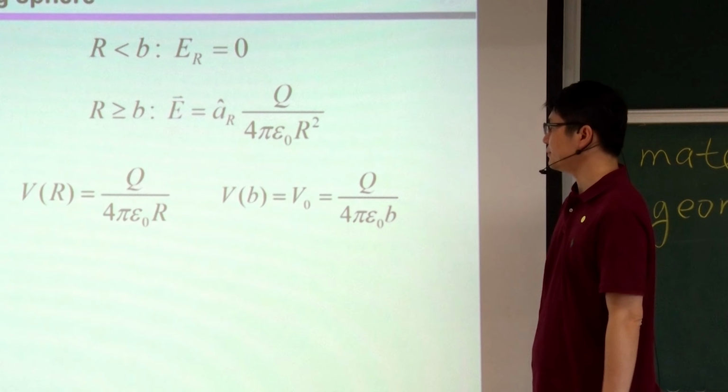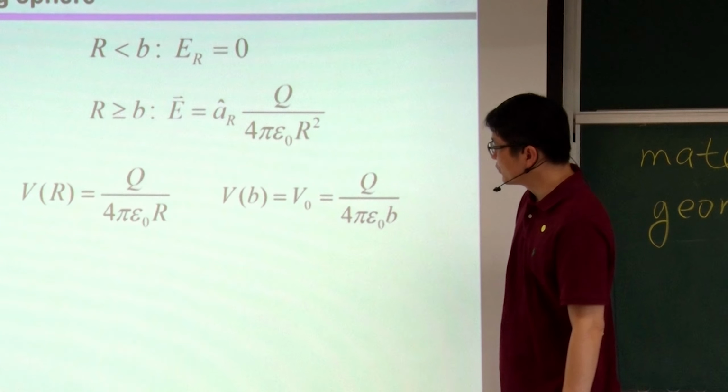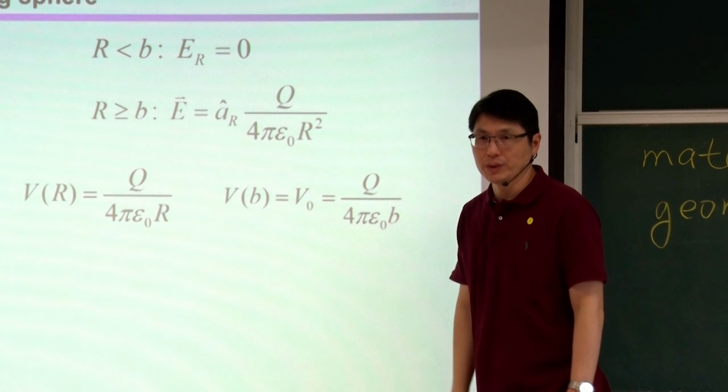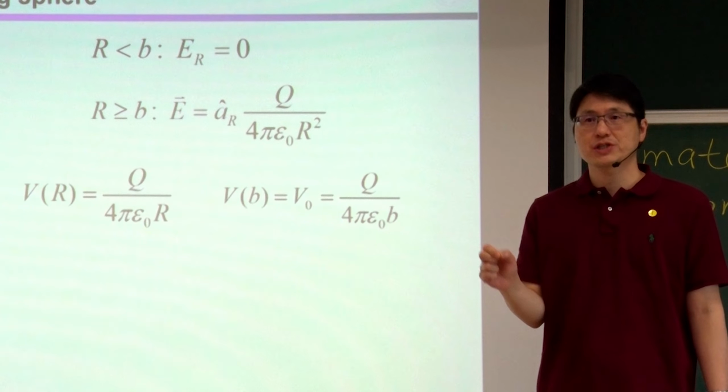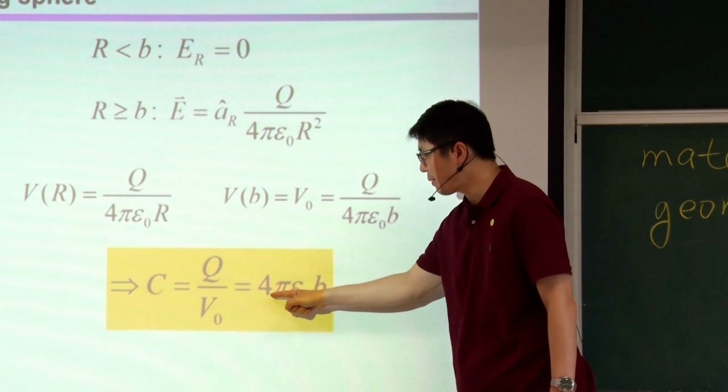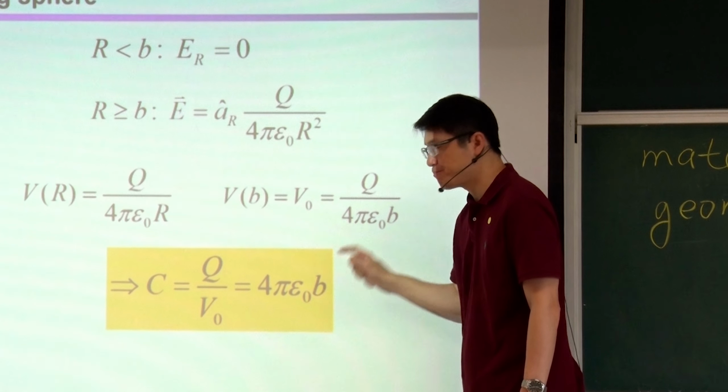Okay? So all we have to do is we take Q and divide it by V0. And that is the definition of capacitance. So that is 4 pi epsilon 0 B.